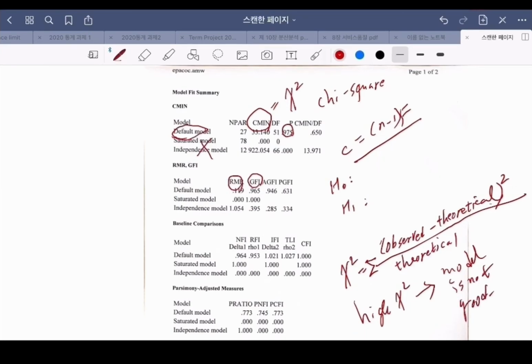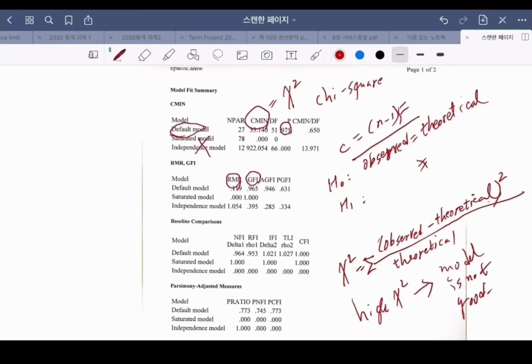Actually, the null hypothesis is that observed is equal to theoretical. Not equal, right? So in order to have a good model, you should not reject the null hypothesis. If the p-value is less than alpha, then you reject the null hypothesis.